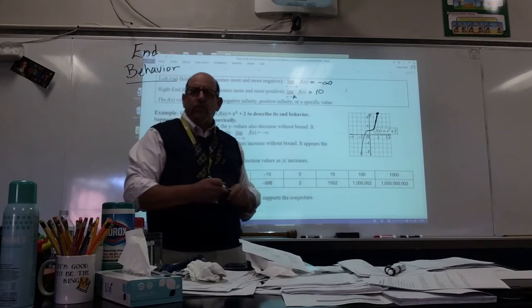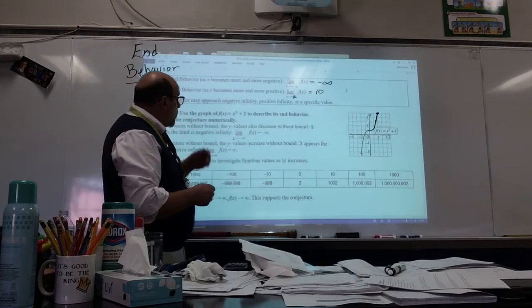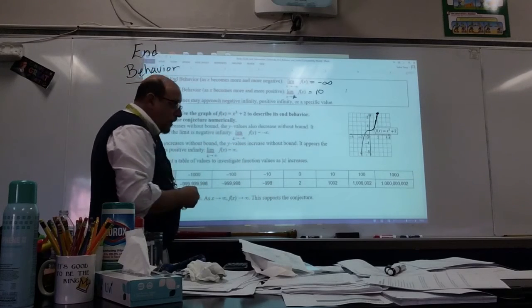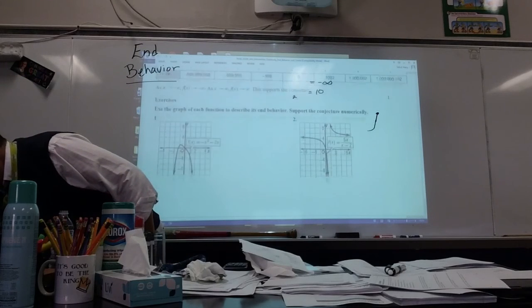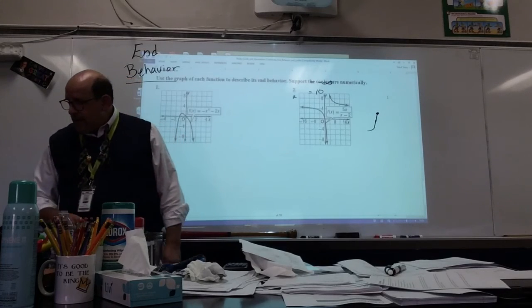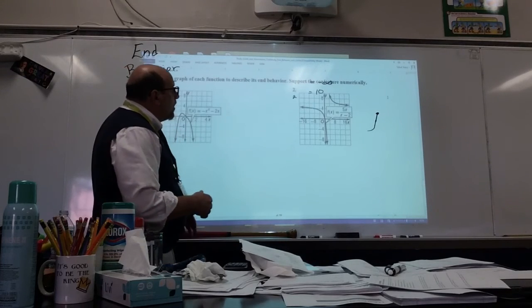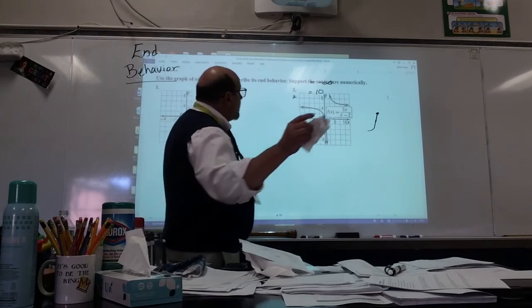I think the harder of the two was just getting used to the keystrokes on the calculator when we were talking about continuity. I'm just going to scroll down to see if there's anything super crazy. Looking at these two graphs, we can take a guess.